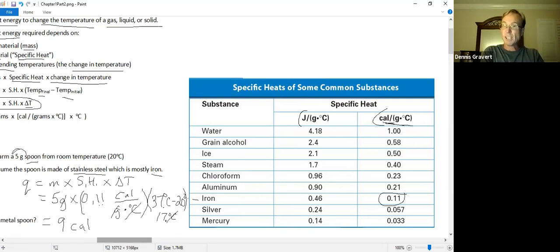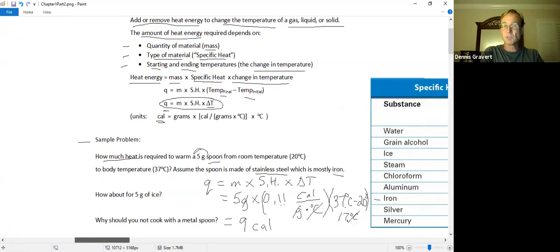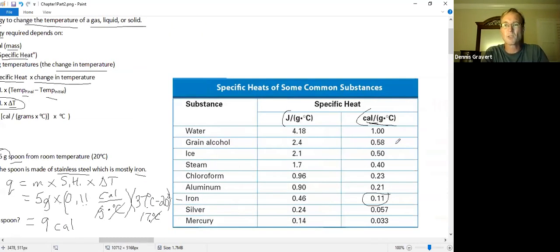It's going to take more heat energy, even though you're changing the temperature of the ice and the spoon by the same number of degrees. It just takes more heat energy because it's made of water, solid water. So it requires 0.5, not 0.11. If you had water, that's all the way up to 1 instead of 0.1.